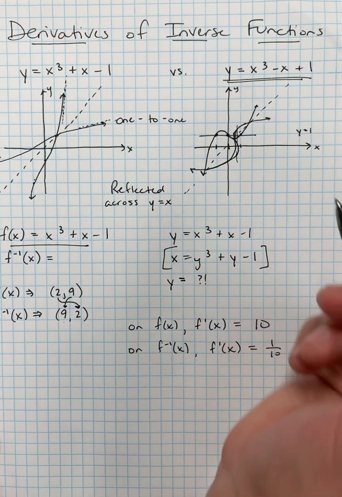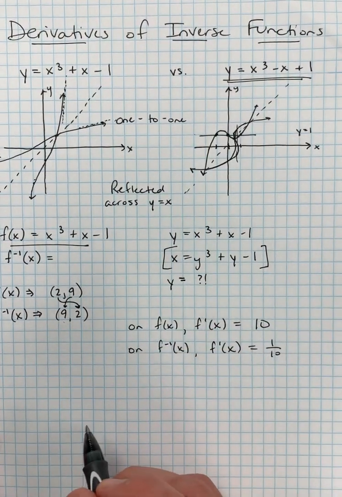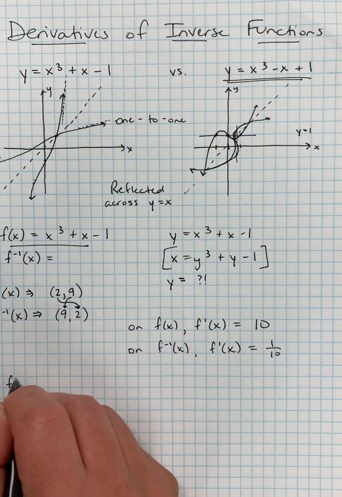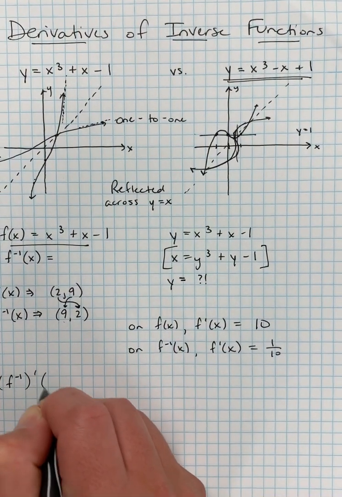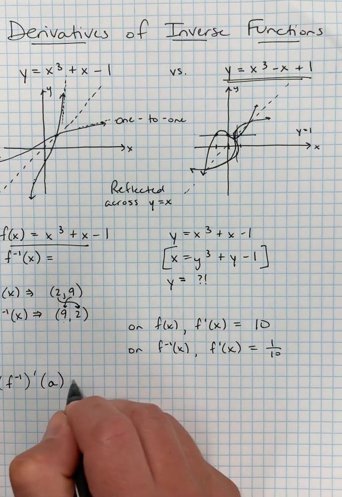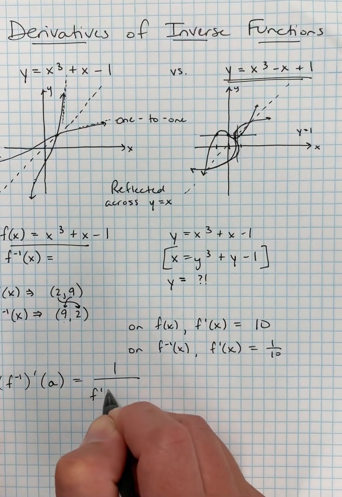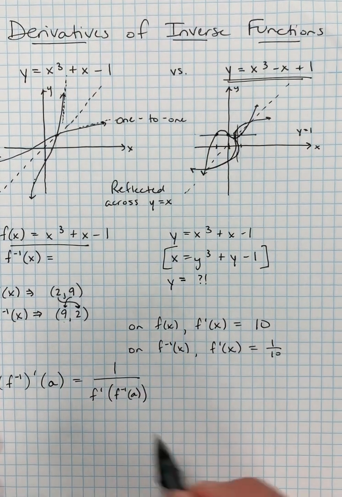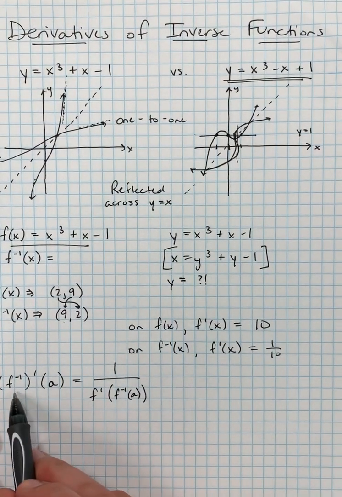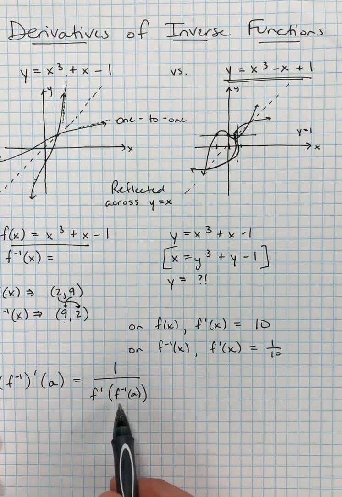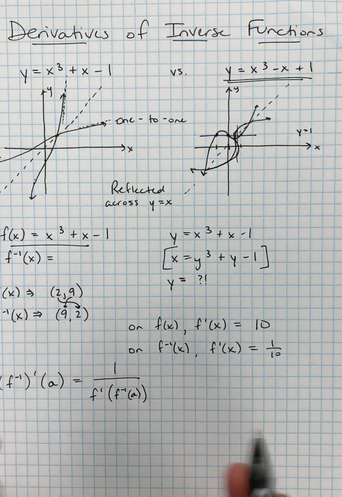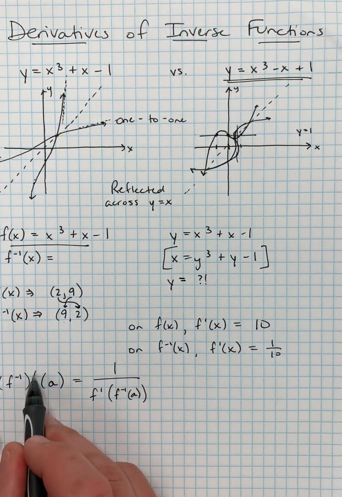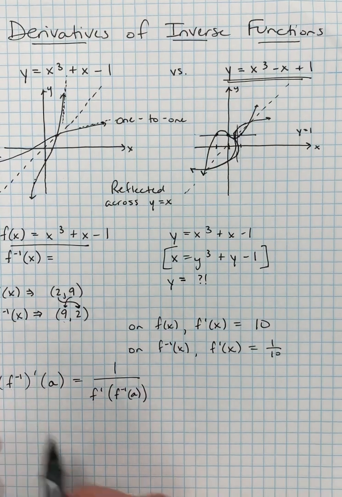So how can we really apply that relationship and figure that out? Well, I like to use the formula. The derivative of the inverse at some value a equals 1 over the derivative of f at the inverse of a. So it sounds kind of the same. The derivative of the inverse is equal to 1 over the derivative of the inverse, but they're actually written differently. This is in the formula written like a composition of functions, whereas this is talking about the derivative of the function f inverse.